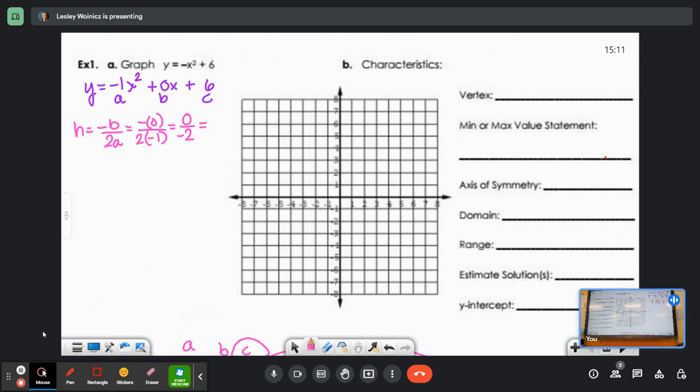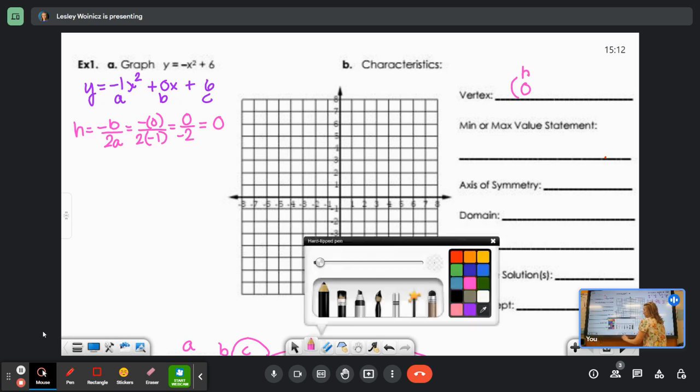You can ask your calculator if you don't know, or if you want to make sure you're right. What'd you get? 0. Okay, so my h for my vertex is 0.